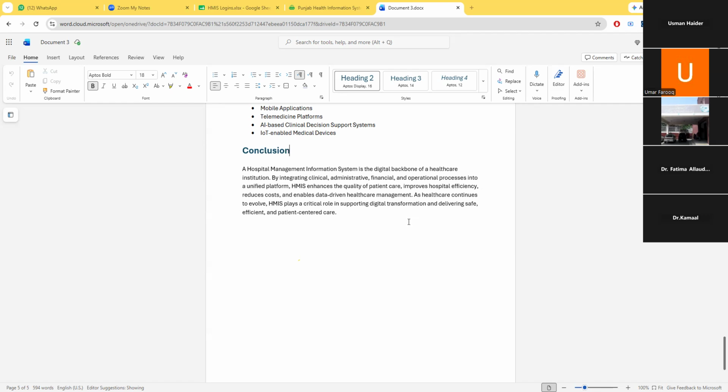There are data entry operators who are entering the data wrongly, which is not good in any case. The purpose of the system is to collect the data of the patients accurately and give them the medications and the prescriptions cleanly.